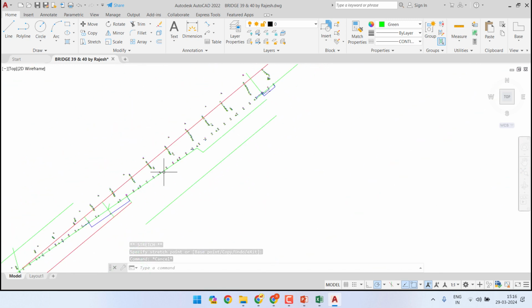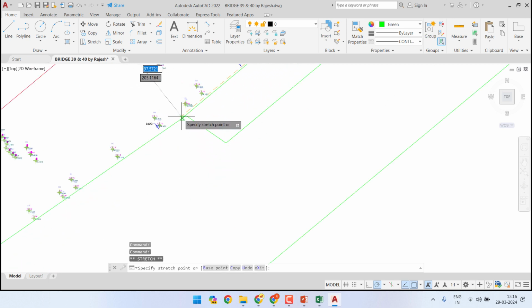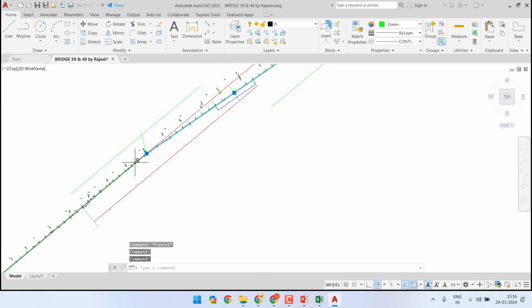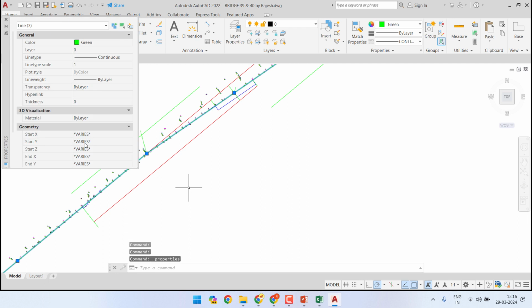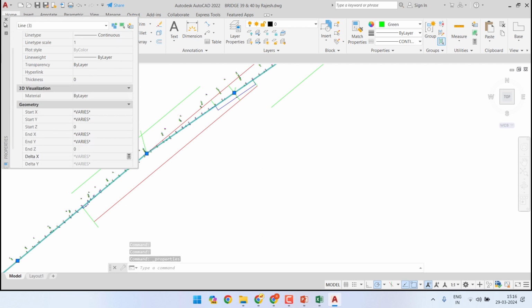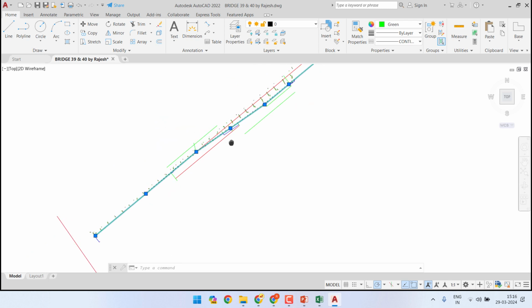Almost here. Okay, and we will have to extend this line from here till here. So now we have three tangents, 1, 2 and 3, and Z values are made 0 for all the three lines.